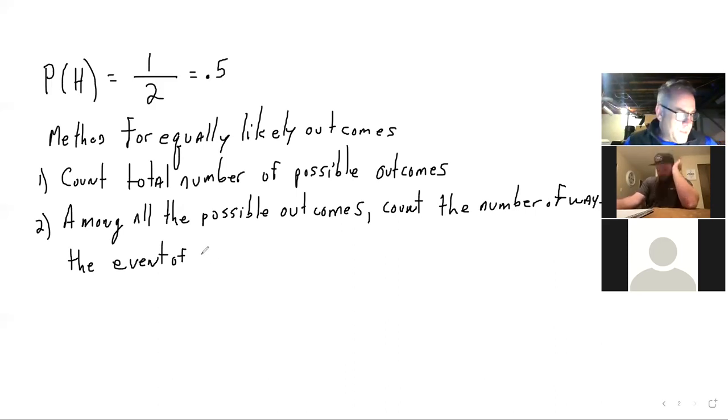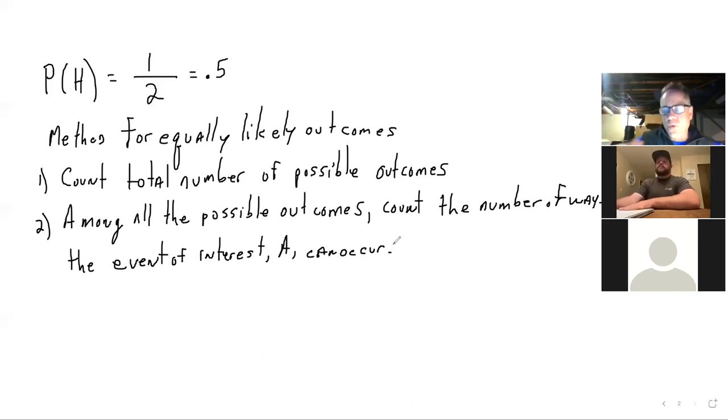Flip, get at least 1 head. All right, so count the number of ways the event of interest, and we'll call that event A, can occur. So going back to our flipping 2 coins, looking at how I could get a head. There were 4 possible outcomes, but 3 events out of that. One event that I get no heads, one event I get 1 head, and one event that I get 2 heads. There were 2 outcomes that each comprised 1 event of getting 1 head.